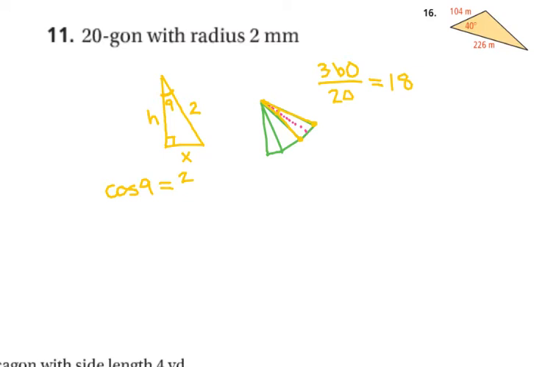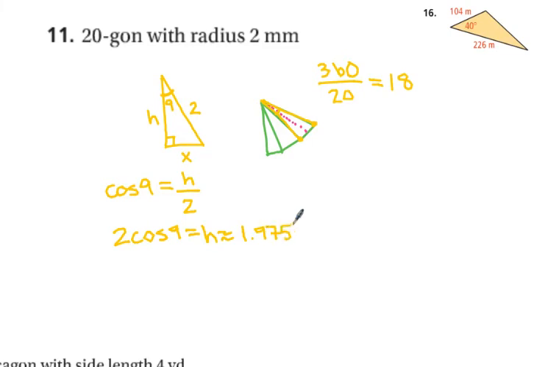Adjacent over hypotenuse, so actually in this case it is cosine of 9 equals h over 2. We'll multiply both sides by 2, so 2 times the cosine of 9 is going to equal our height, which is approximately 1.975.